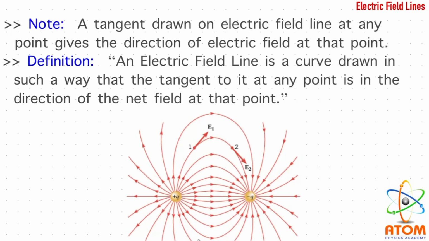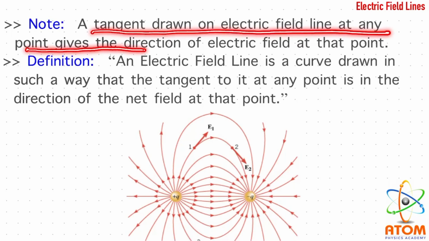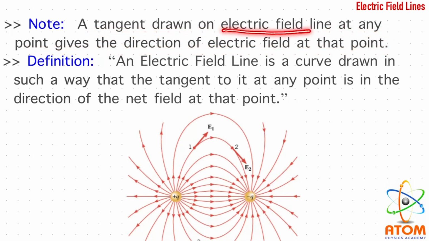Now here is an important note. A tangent drawn on an electric field line at any point gives the direction of the electric field at that particular point. I repeat, a tangent drawn at any point on the electric field line gives the direction of the electric field at that particular point.